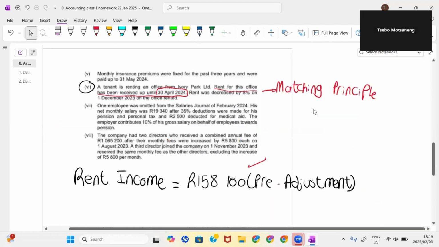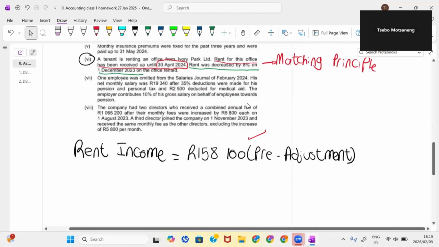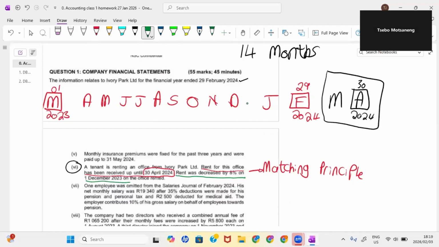And then let's see. We have another sentence here which says rent was decreased by 8% on 1 December 2023 on the office rented. Okay, let's see. Back to our financial year. On the 1st of December, obviously, when they say 1st of December, it means we also include the month of December when we count.